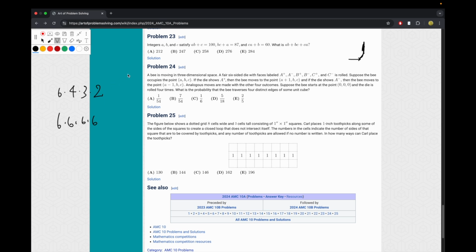But we are starting to consider the probability, right? So okay, what is the probability of making our first choice?